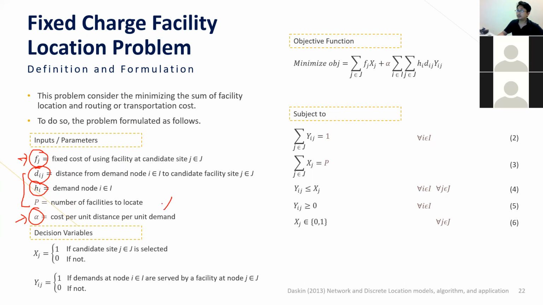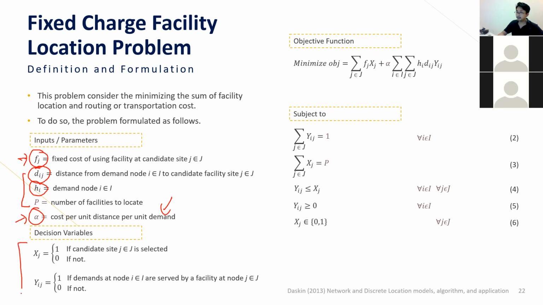So you need to use a cost per unit distance per unit demand. So perhaps, let's say, 10 kilometers distance of transporting one unit of product is equal to, let's say, 10 pesos, for example. So it will be multiplied by alpha equal to 10. Okay, those are the parameters that are needed here.